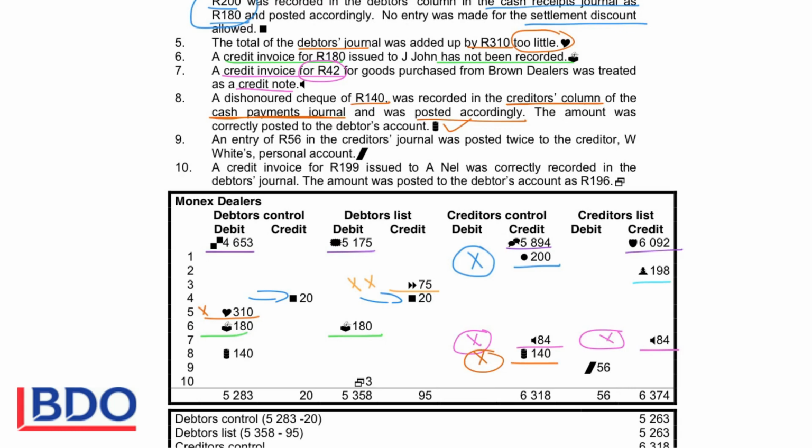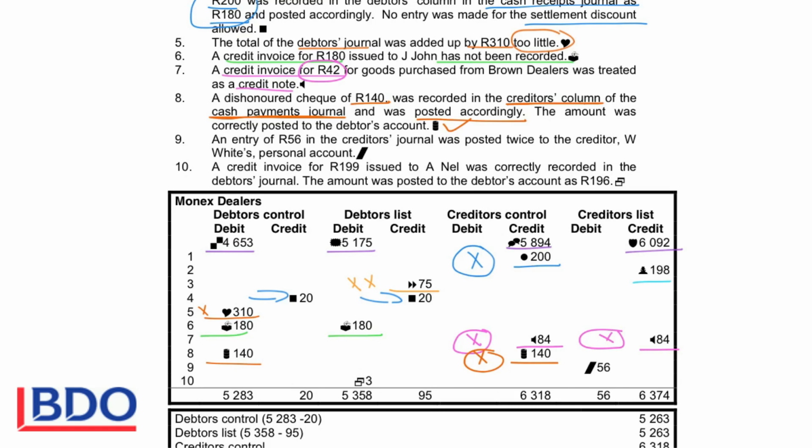Then this 140 was supposed to go into the debtors control to show that the debtors owe the money. This was not done. Now we have to record this 140 Rand on the debit side of the debtors control account to indicate that the debtors control must increase with 140 that we never recorded in that account.